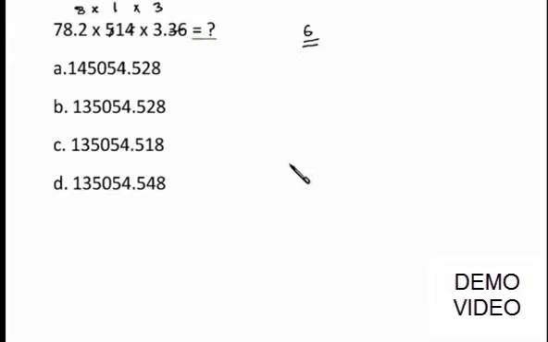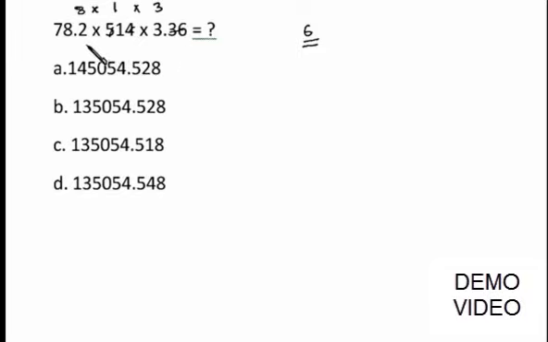Now we have to choose which of the following options have digital sum as 6. Apart from that, you can eliminate options if you don't want to find the digital sum of each and every option. To save your time, you can eliminate options apart from the digital technique also. See, all the three numbers are even numbers, right?